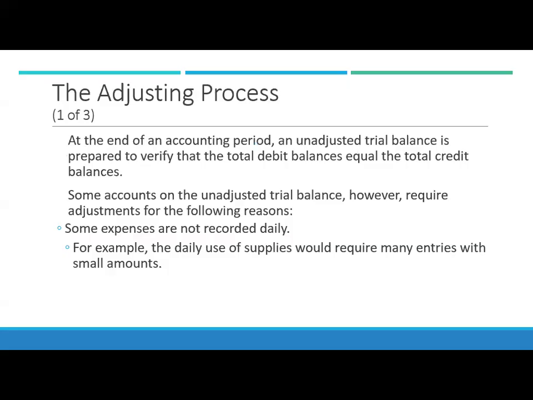For example, some expenses are not recorded daily. Supplies are used every day by the business in really small amounts. And if we needed to compute a daily income statement, we could. We could count up the amount of supplies every single day. We could record how much rent we paid as a daily rent instead of a monthly rent.